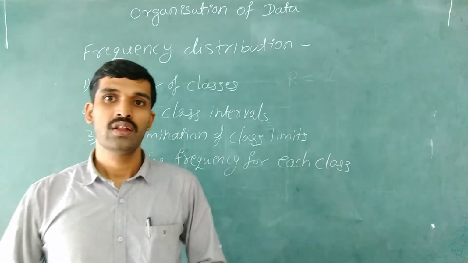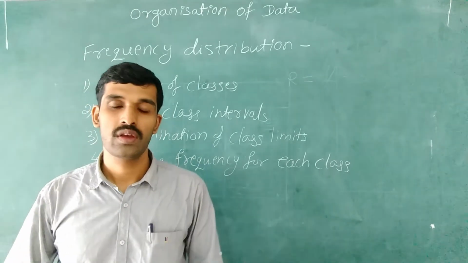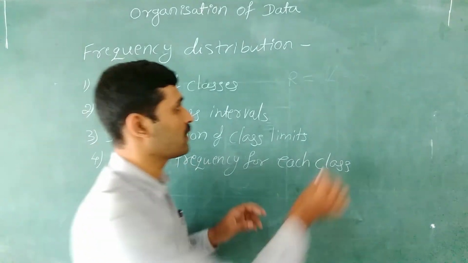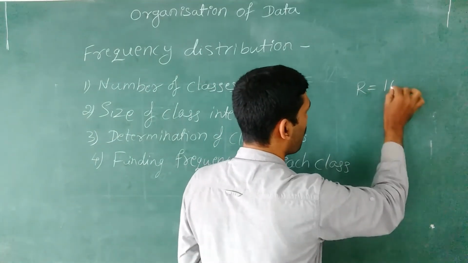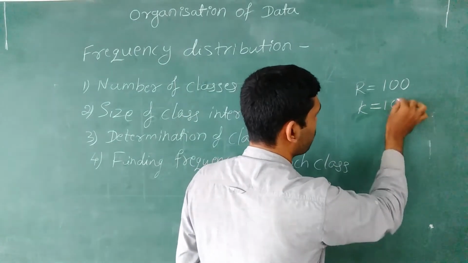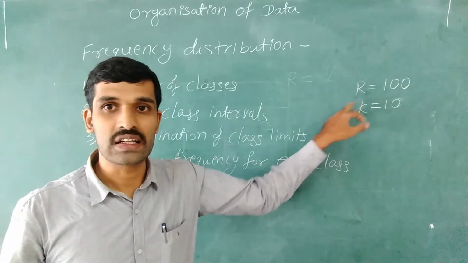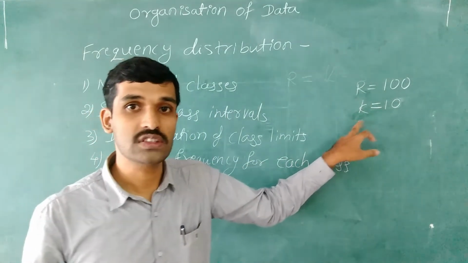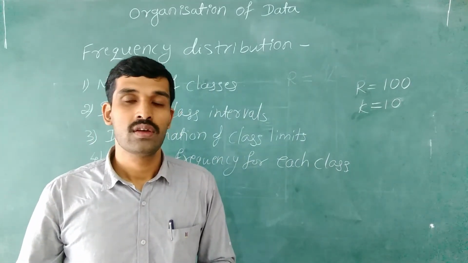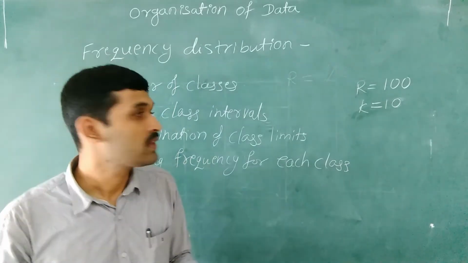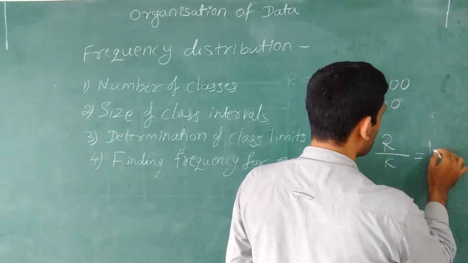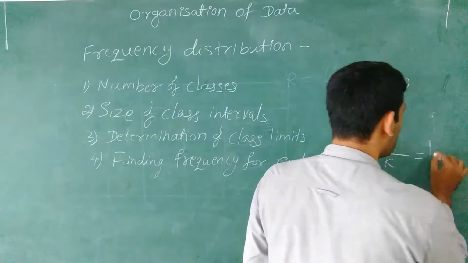For example, the range is 100 and the number of classes is 10. Here R is the range, K is the number of classes. Then how to find the class interval? Here there is a small formula: R divided by K is equal to the class interval.